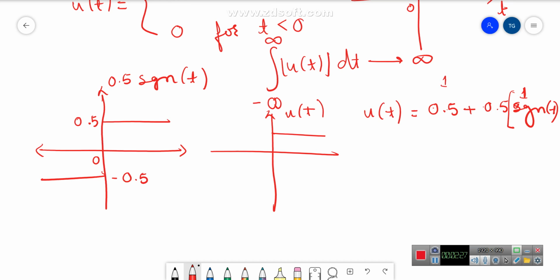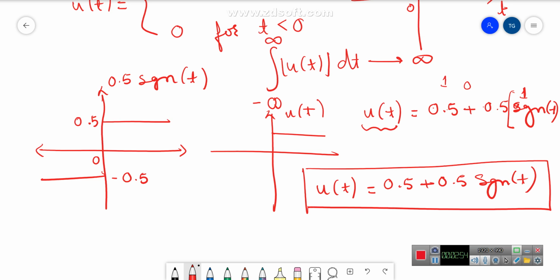And for t less than 0, signum of t is minus 1, so into 0.5, it will be minus 0.5. So 0.5 minus 0.5 will become 0. So ultimately we are getting u of t when we use this expression in terms of signum of t. So u of t is equal to 0.5 plus 0.5 signum of t.